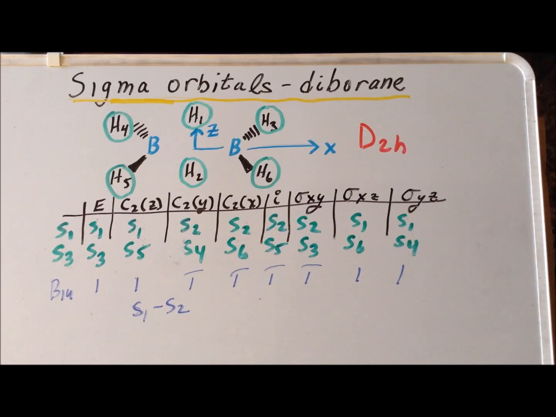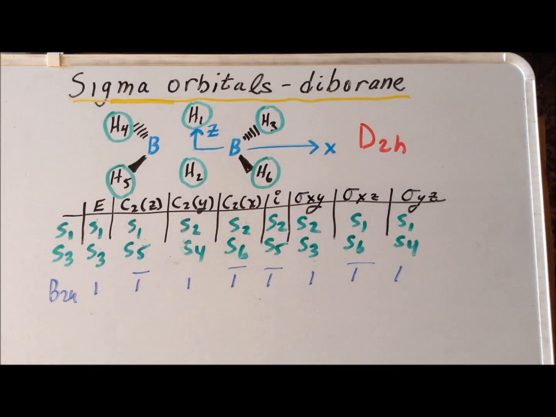And then we would notice that for the second row, all these terms will sum to 0. So that tells us for the B₁ᵤ group orbital, it only involves s1 and s2 in the form of s1 minus s2.